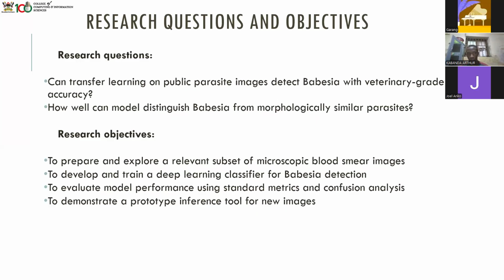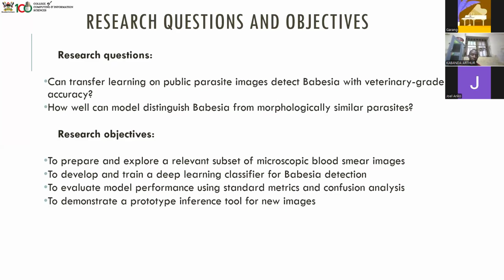Now, these are the objectives: to prepare and explore a relevant subset of microscopic blood smear images, develop and train a deep learning classifier for Babesia detection, evaluate the model performance using standard metrics and confusion analysis, and demonstrate a prototype inference tool for new images.